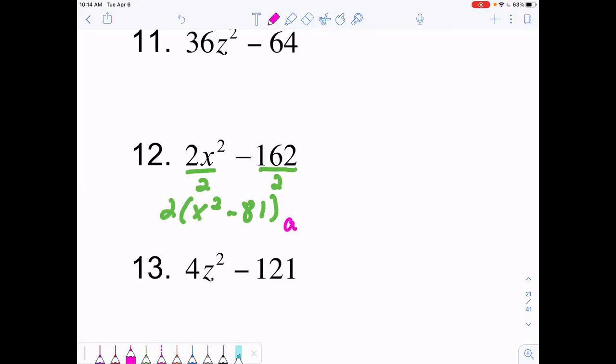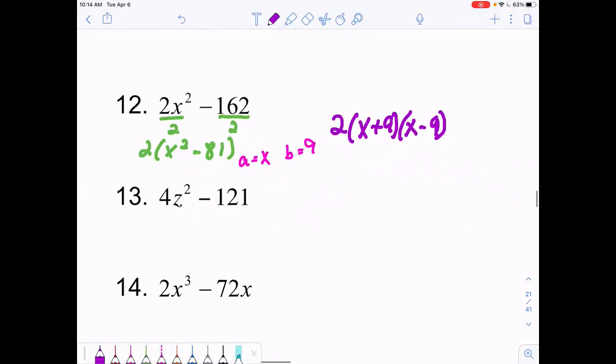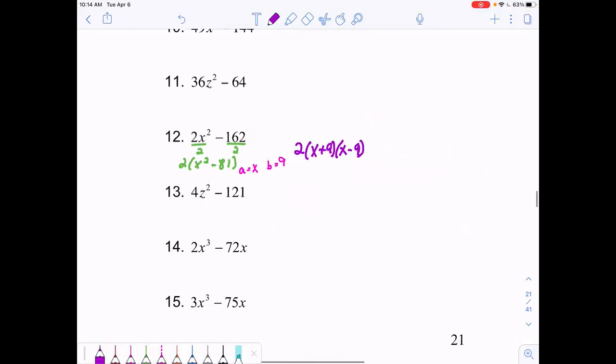Michael, what's my A, what's my B in x squared minus 81? Yeah. So when we write the solution, you're going to get x plus 9, x minus 9. Now, Michael, what do we have to put out in front of that? Got it.